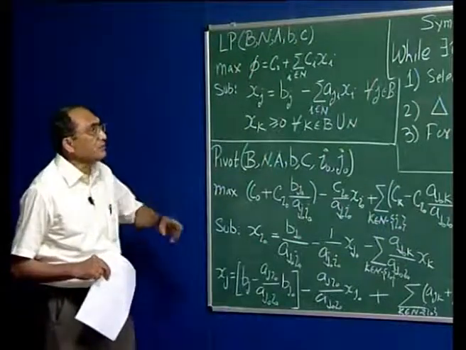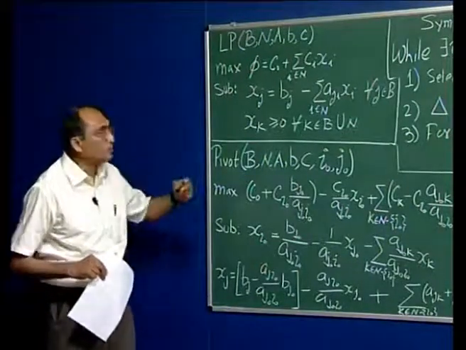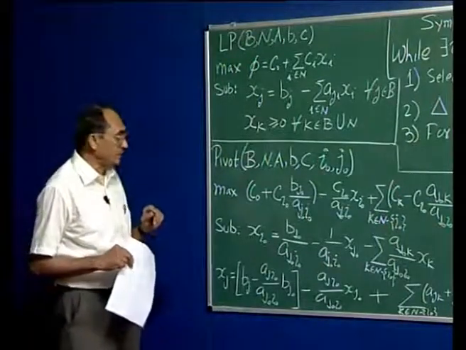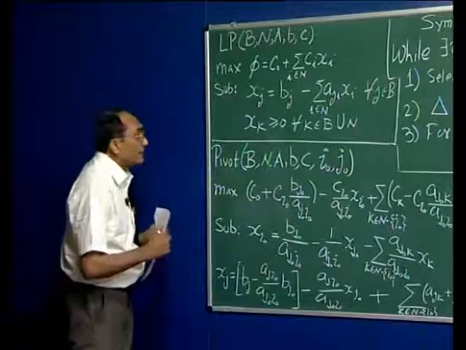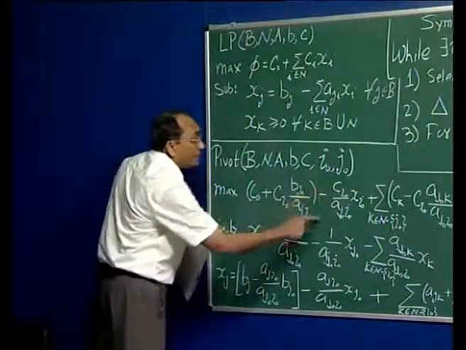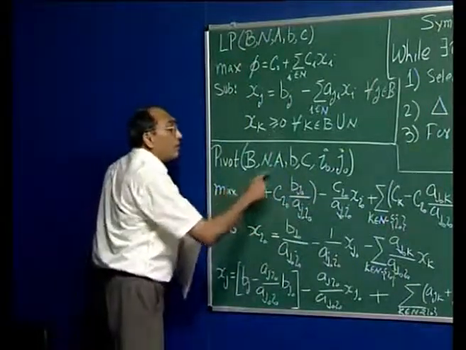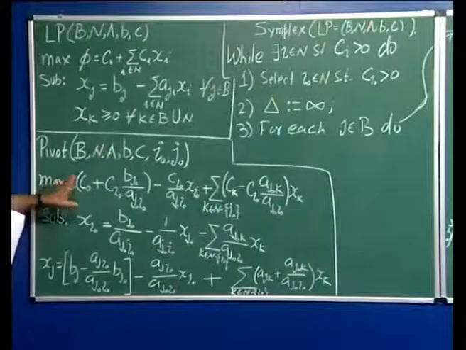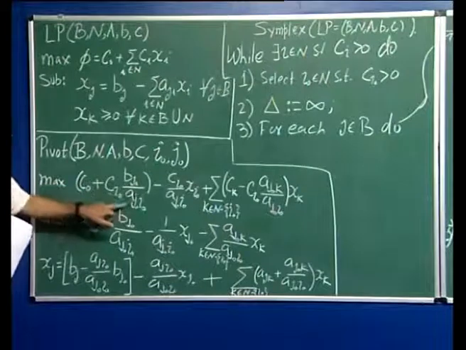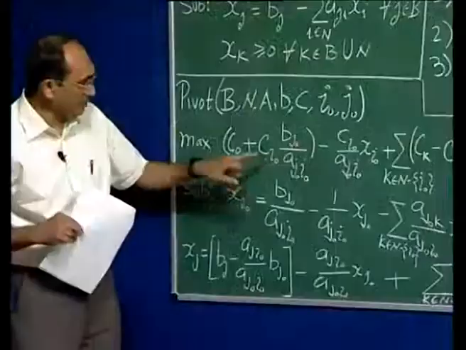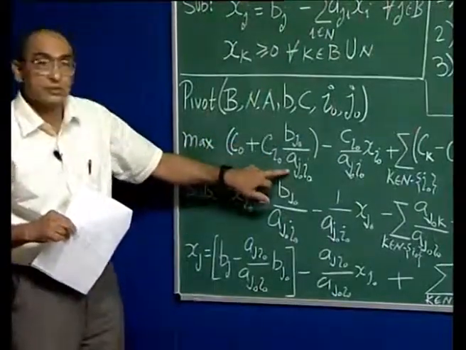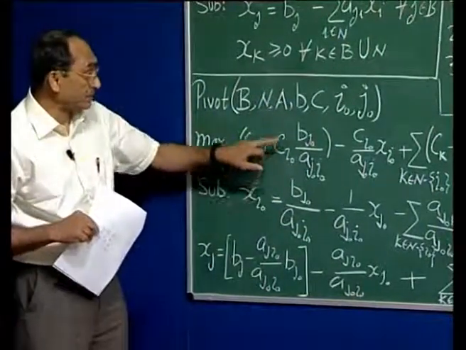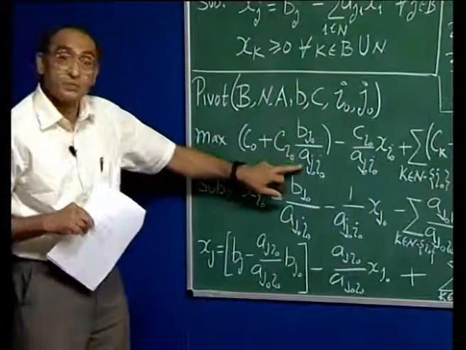And that allows us to continue with this loop, because once again the new LP is such that its basic solution is feasible. One more thing we noticed is that the object function's value for the basic solution can only increase, can never decrease, because this is positive, this is non-negative, and this is positive.